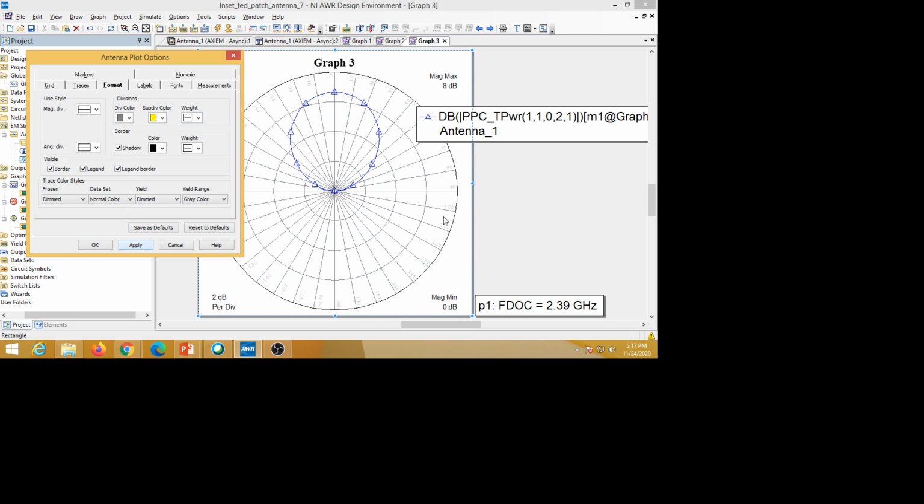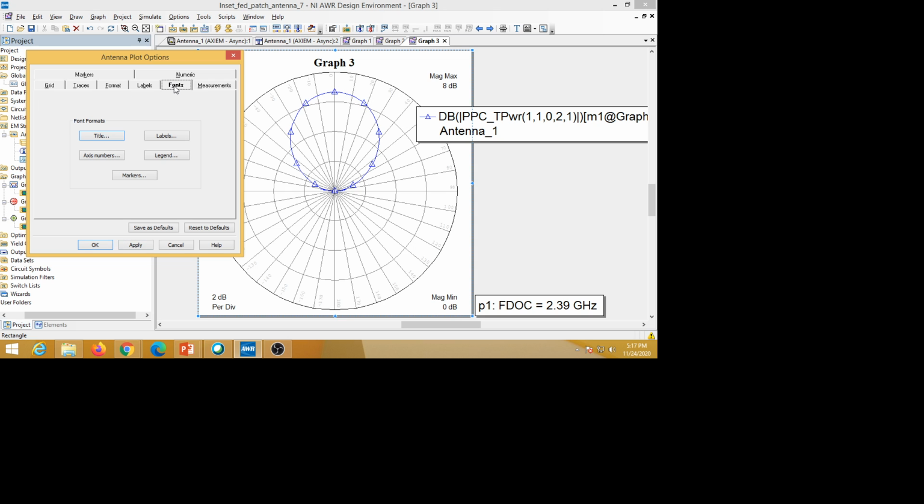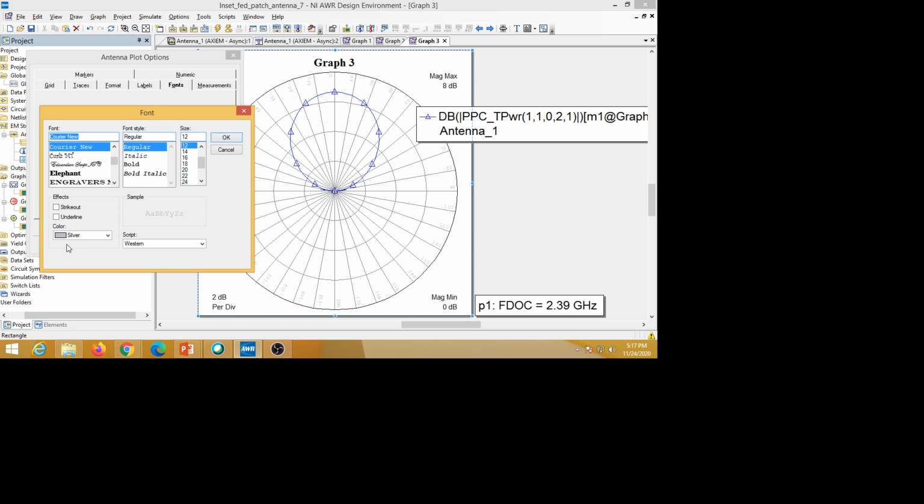You can see here this is the angle, and the fonts you can change here, axis numbers. It is bold, instead of silver you can take a black here, you can take 14.